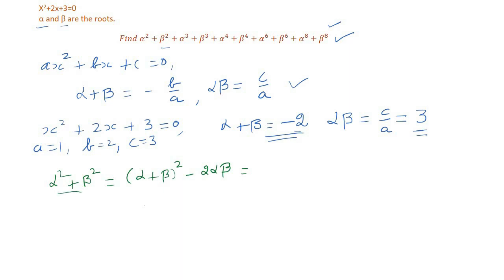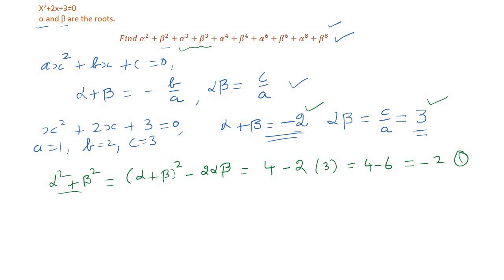So you subtract that 2 alpha beta, so you have this. But alpha plus beta the whole square is 4, minus 2 alpha beta is 6. So you have this as 4 minus 6, which is minus 2. Got it? You call this as 1.